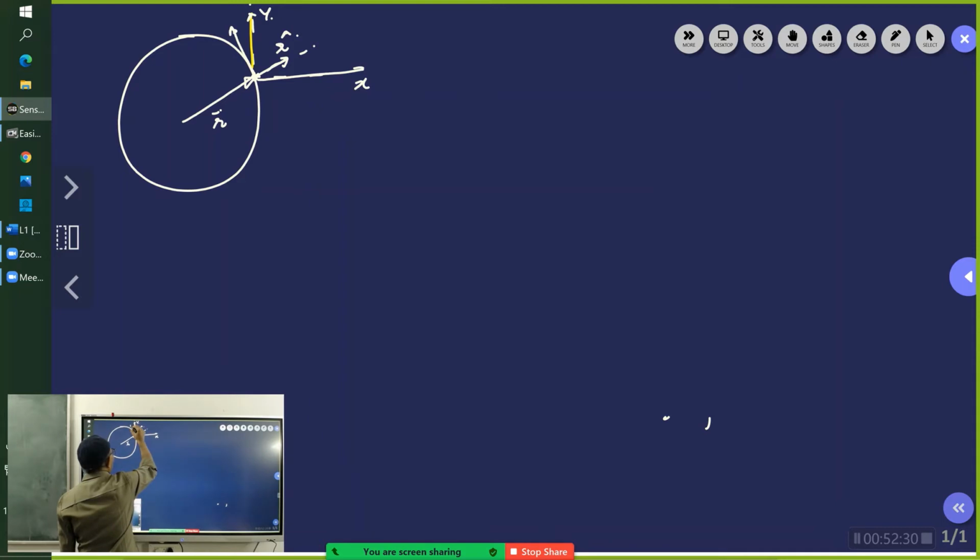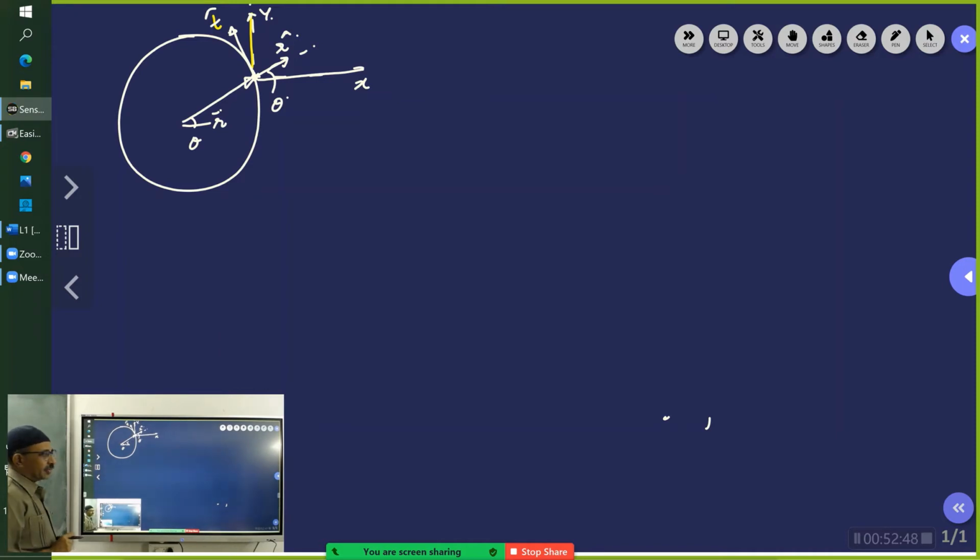I will also draw one more unit vector and call it t cap. So there is R cap, there is t cap, this is x and y. This makes an angle theta, and this is also going to make an angle theta.